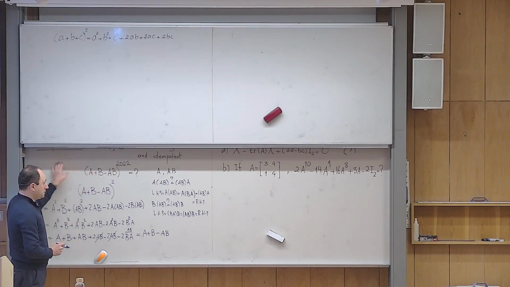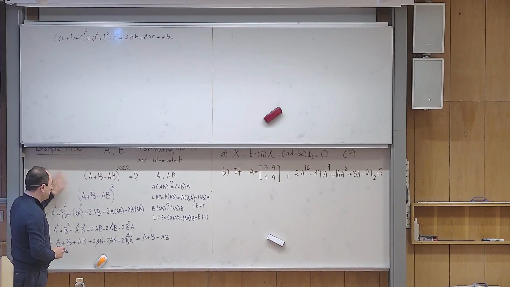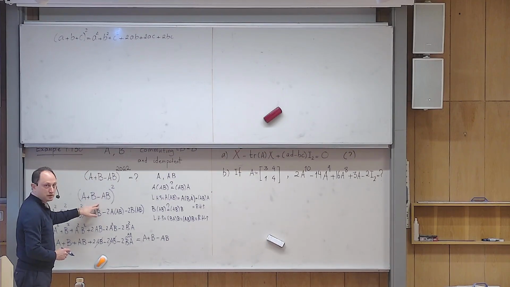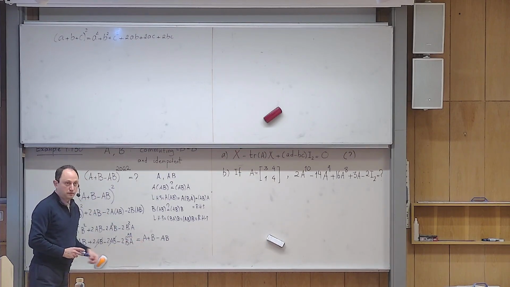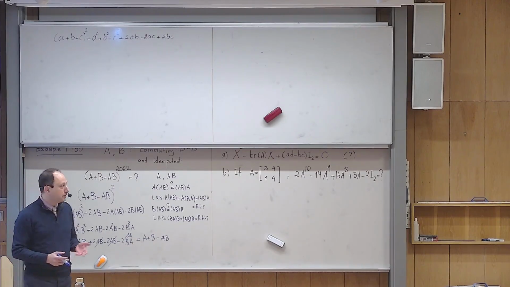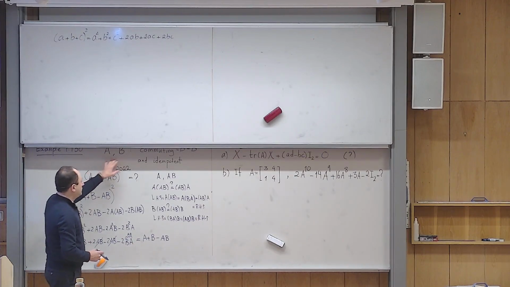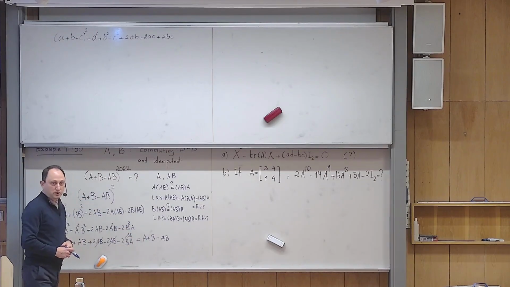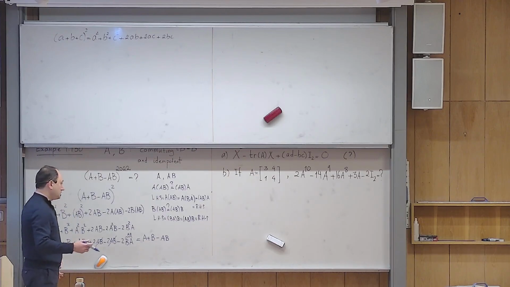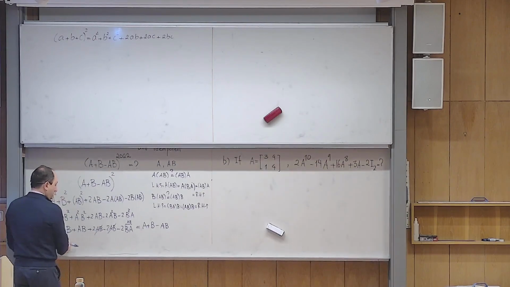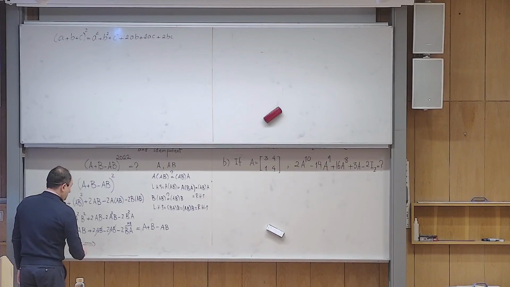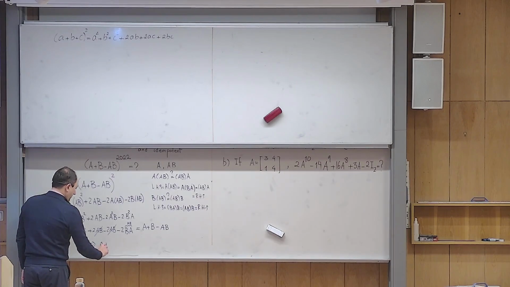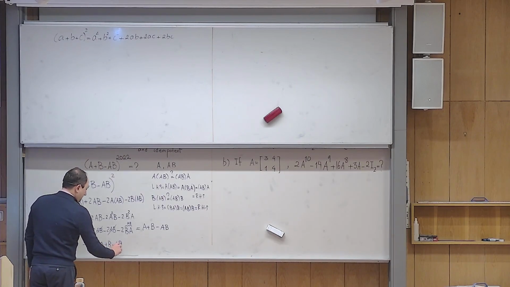Based on the assumption given to me, I was able to show that the second power of this matrix is equal to itself. It's A plus B minus AB. So this means that under these conditions, matrix A plus B minus AB is also an idempotent matrix. Yes?